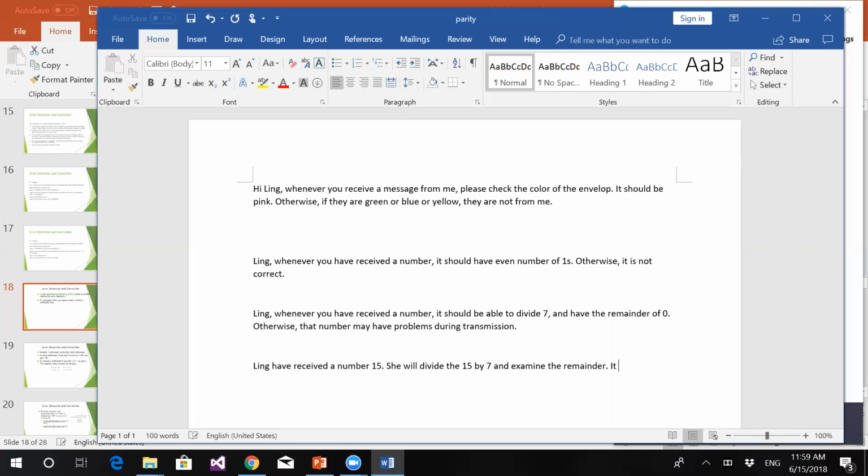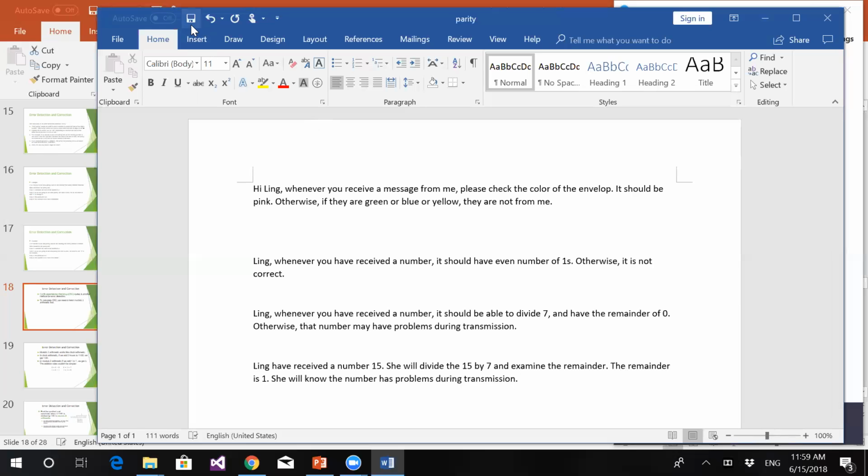If it is 0, then she would think there's no problem. However, in this case, the remainder is 1. She will know the number has problems during transmission.